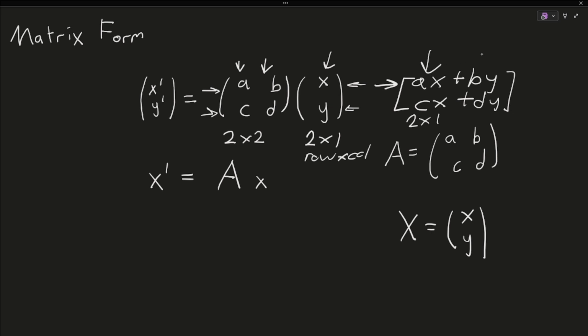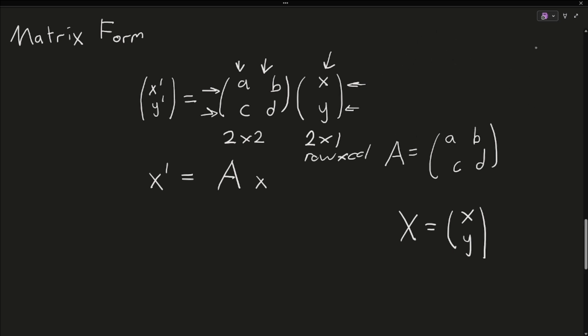So the rows are equations and the columns are variables. Just keep that in your mind, and we will be focusing on that in more detail in the future. So right now, I just want you to understand matrix multiplication and how you can master that concept.